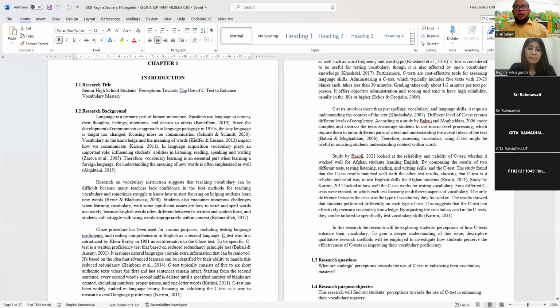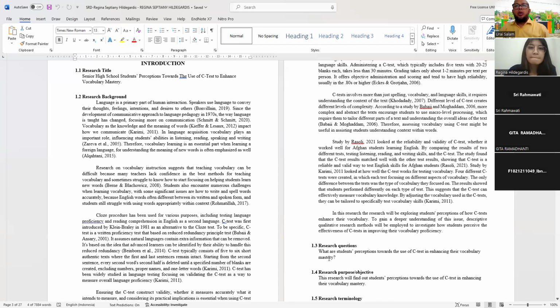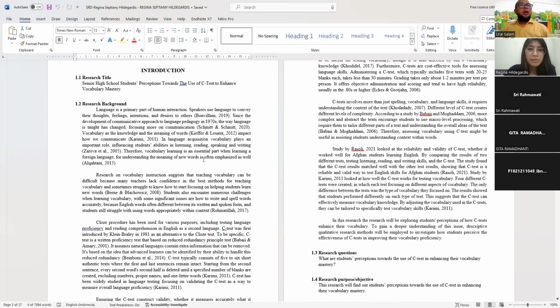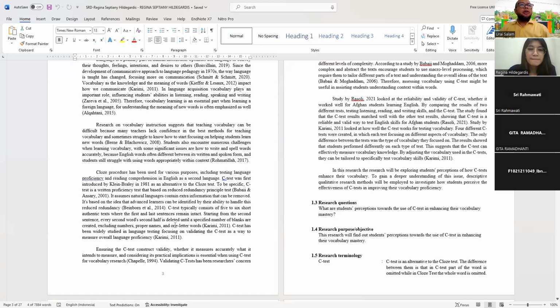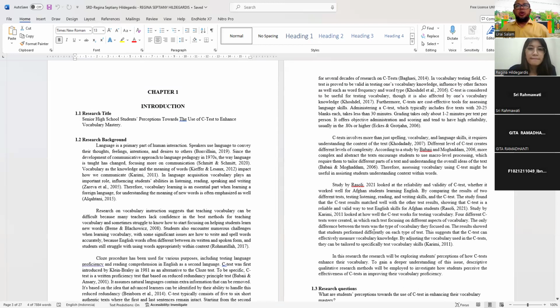Okay, now you have only one single question: what are the students' perceptions? The background is fine in terms of the number of words. But how you introduce the C-test is important.